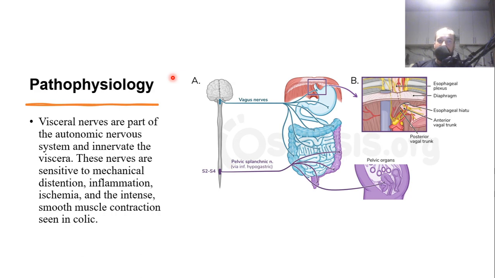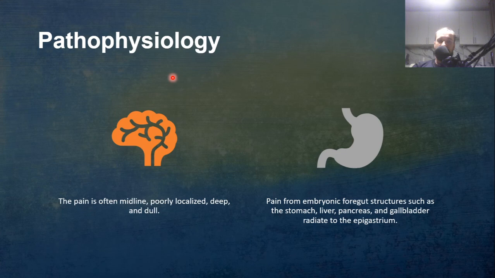Visceral nerves are part of the autonomic nervous system and innervate the viscera. These nerves are sensitive to mechanical distension, inflammation, ischemia, and the intense smooth muscle contraction seen in colic. The pain is often midline, poorly localized, deep, and dull.